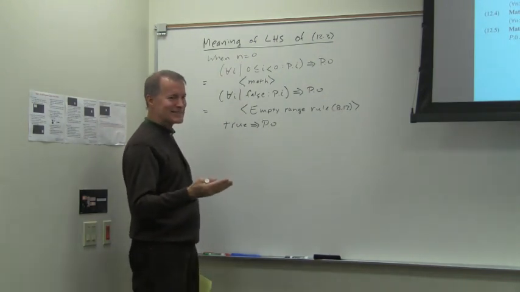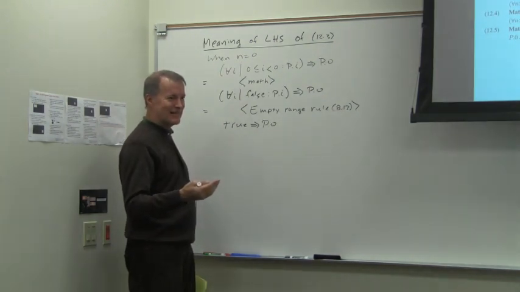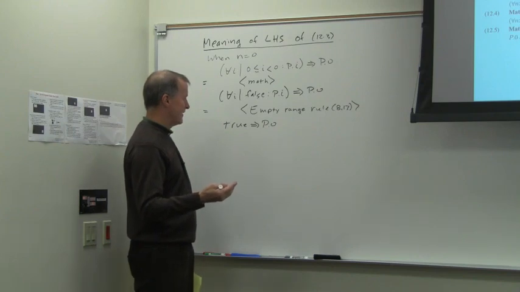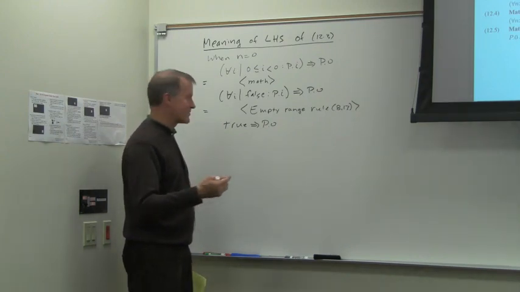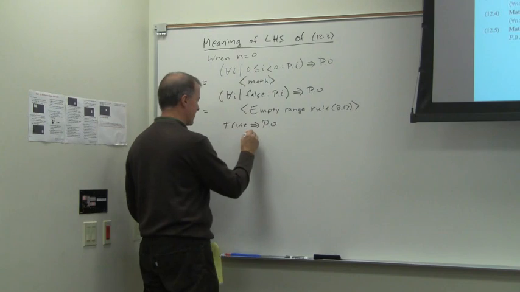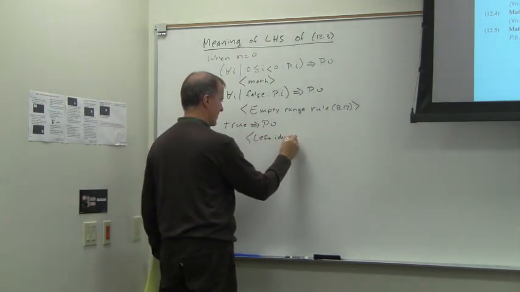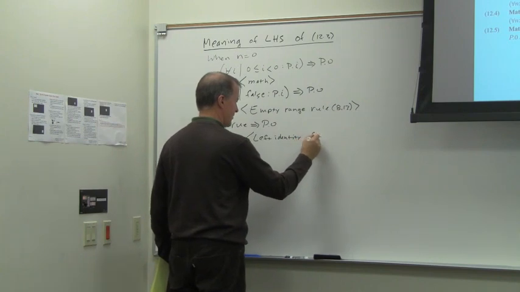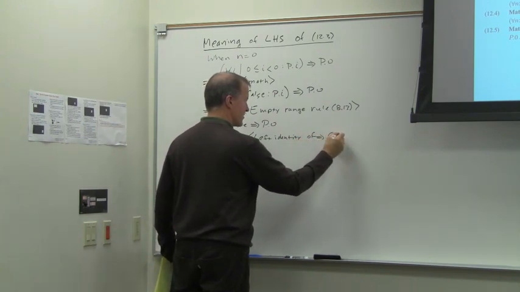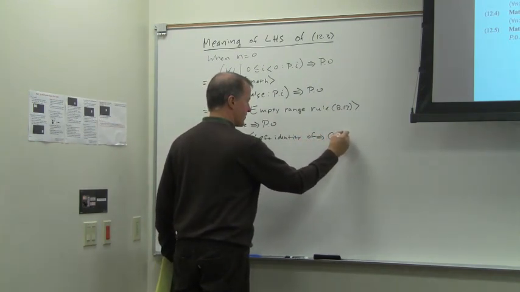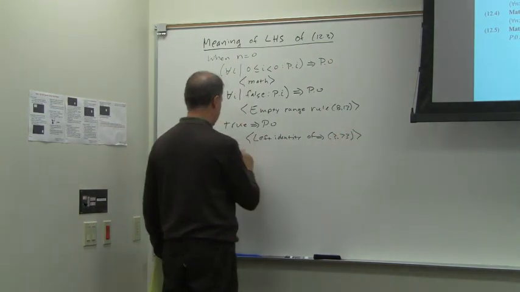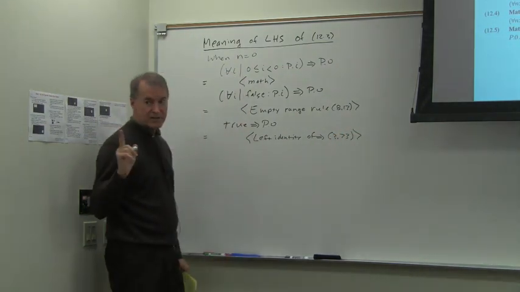What do you think that is? The identity of implies. Yeah, left-hand identity. So this equals, by the left identity of implies, which is 3.73, so that's true. No, it's P.0.